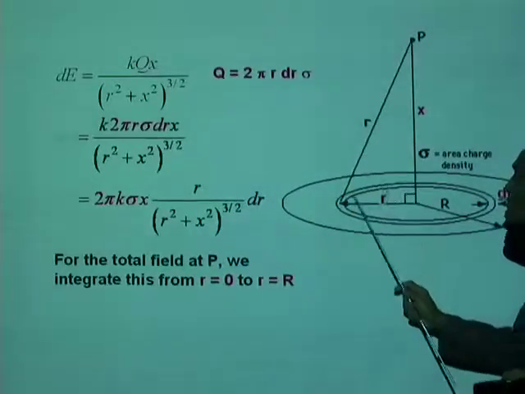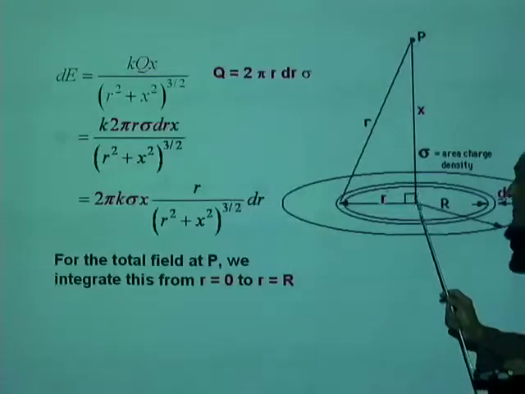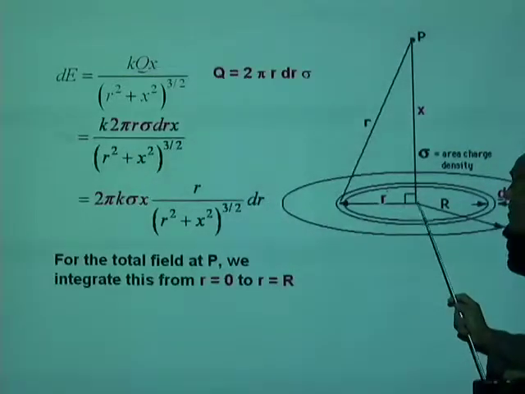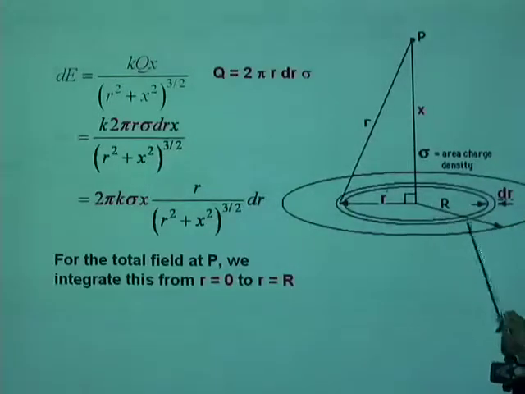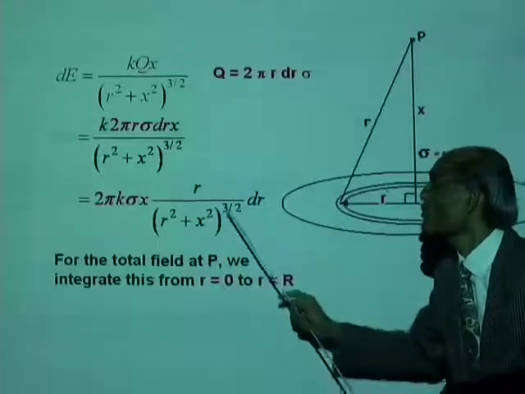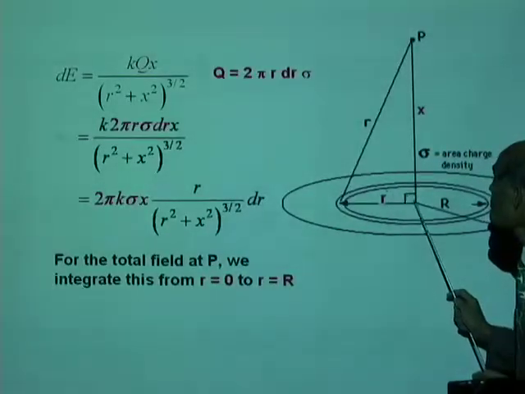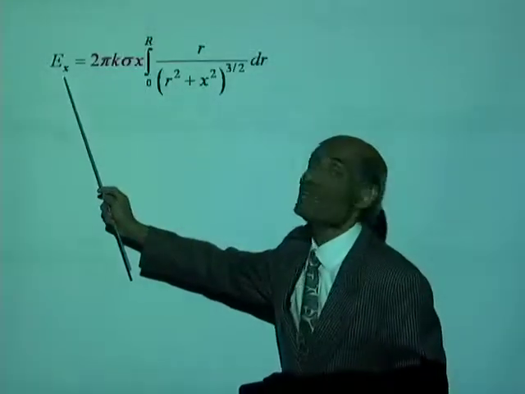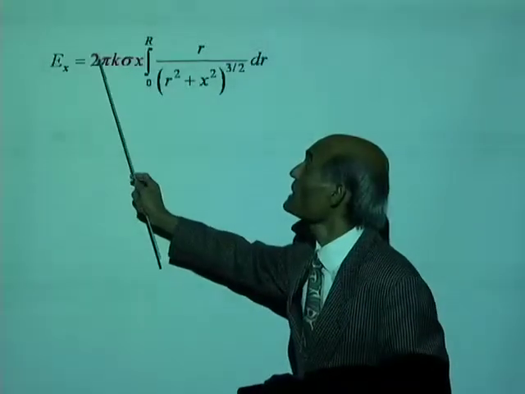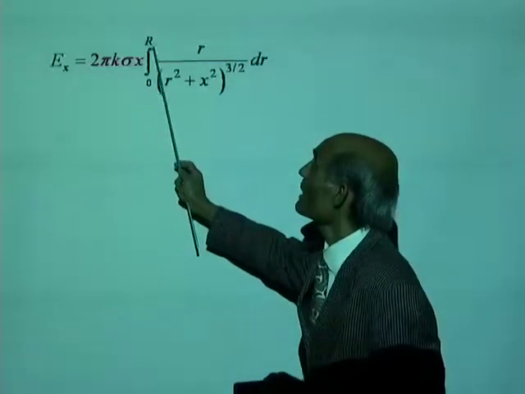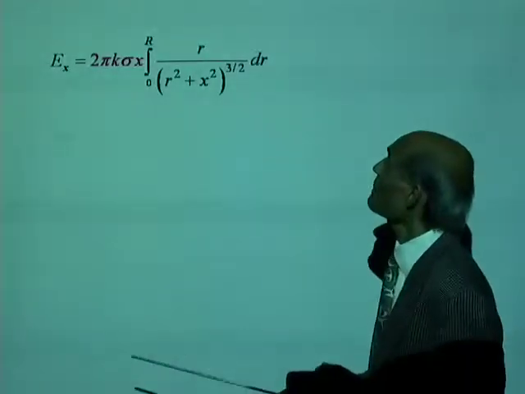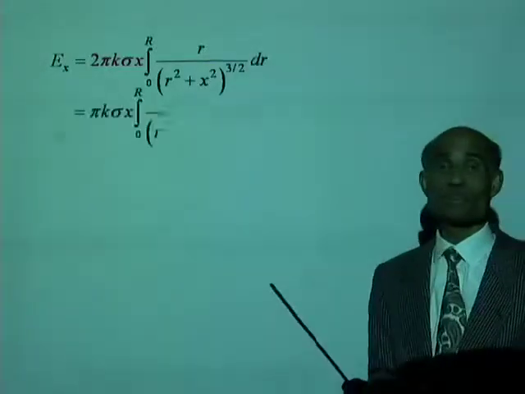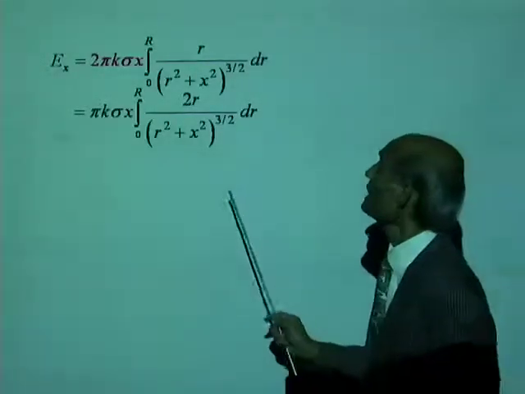This ring that we have taken can be taken anywhere on the disk, from r equal to 0 to r equal to big R. So you integrate this quantity for r equal to 0 to r equal to big R, and the electric field at P is 2 pi k sigma x, integral 0 to R, r over (r squared plus x squared) to the power 3 over 2 dr.